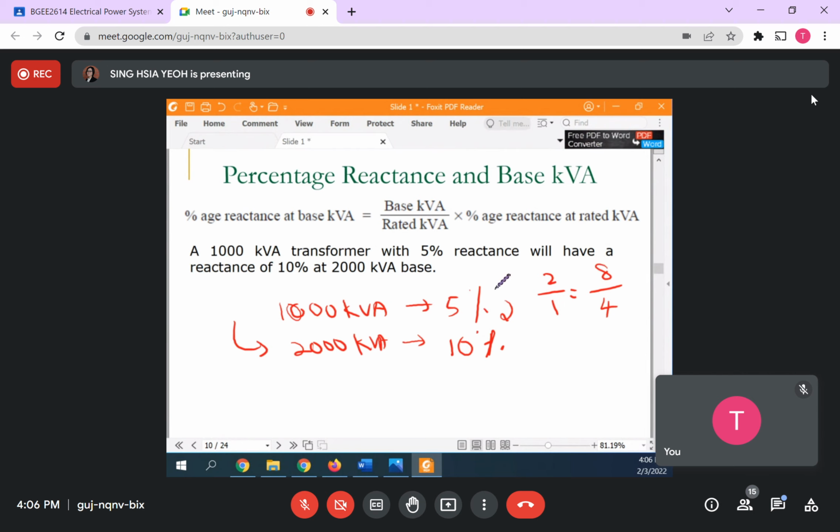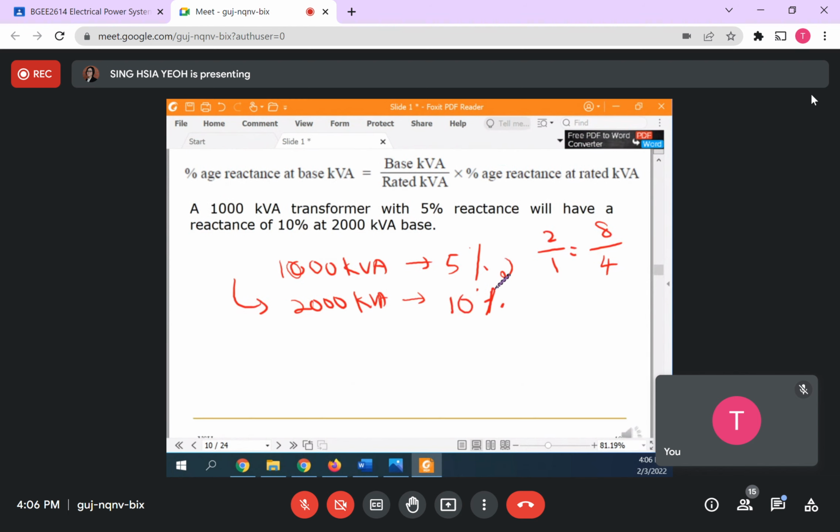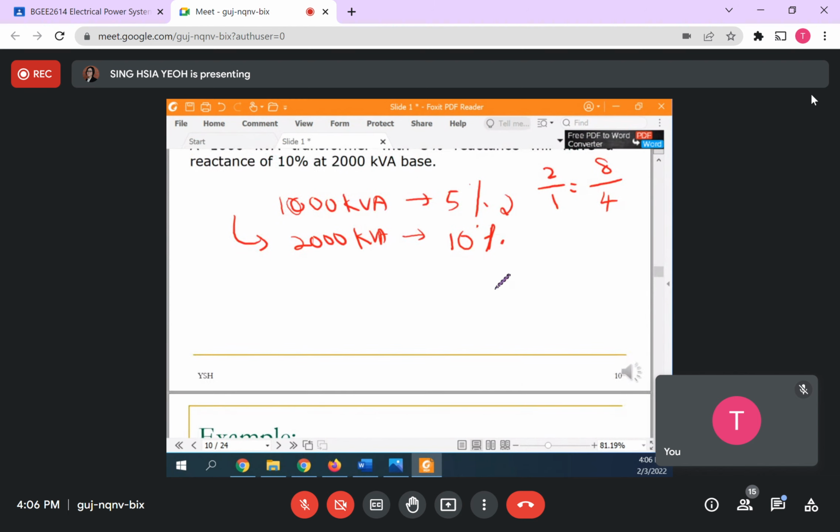But then the per unit is different. Per unit is actual divided by the base, right? So if you increase the base, your PU will decrease. This one is already your so-called PU, it is not in ohm.